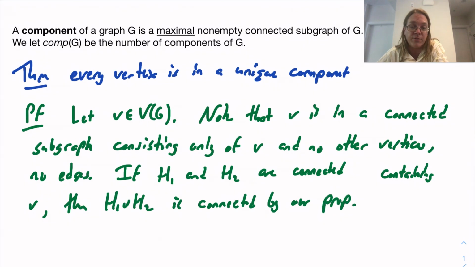And this implies that there's going to be a unique maximal connected subgraph containing V.